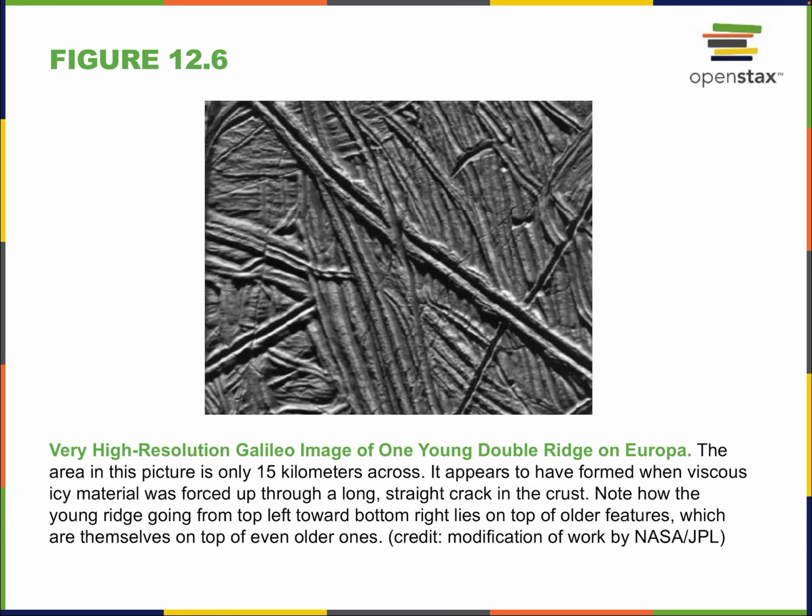This is a really cool image because we can see a newer crack that cut through from top to bottom, that cut through quite obviously an older, significant cracking surface that itself at some point cut through an even older crack shown over here.